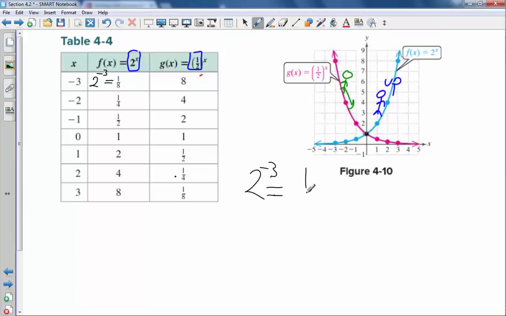You put this whole thing under 1 and change the sign of the exponent to the opposite. Okay? And look what happened now. 1 on the top, this is triple 2. 2, 2, 2, that's how they got 1 over 8. Okay? Understood?